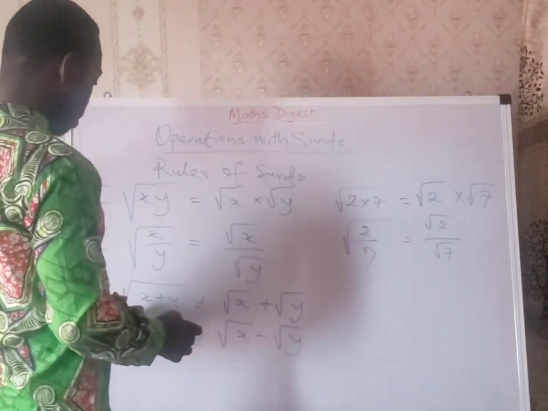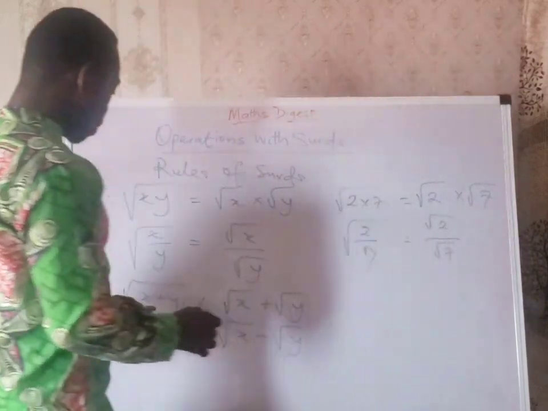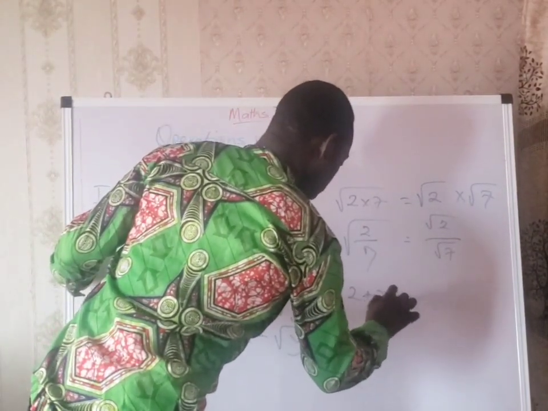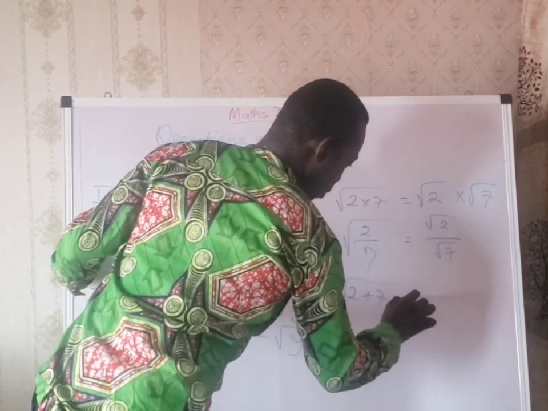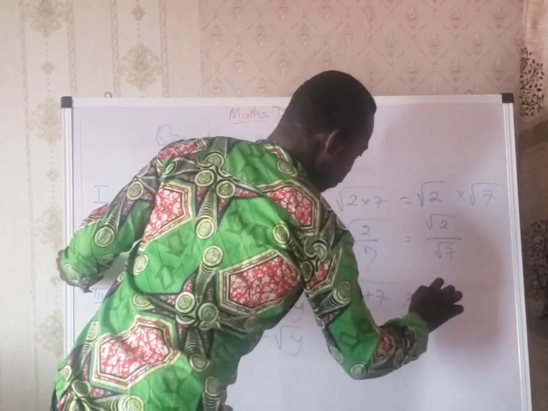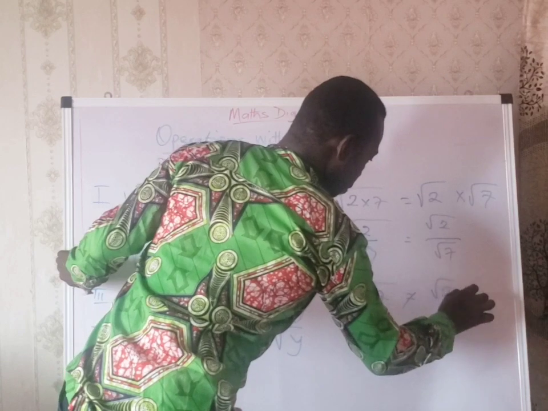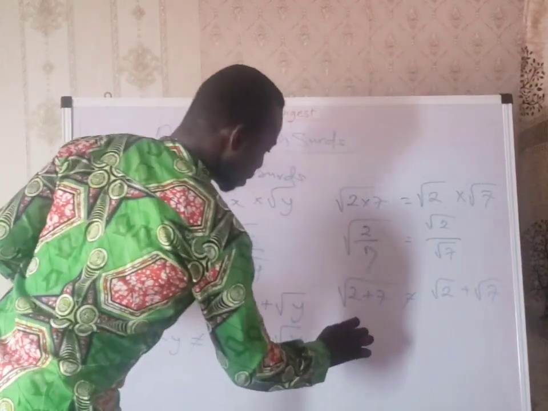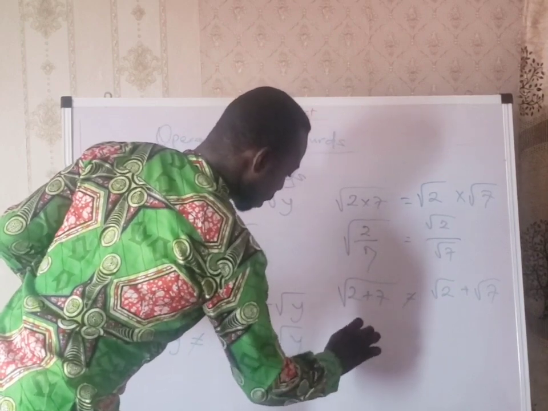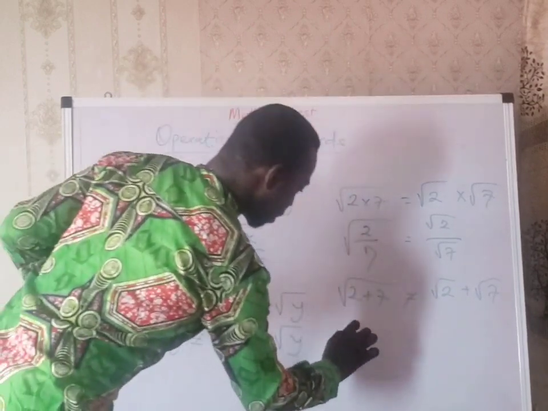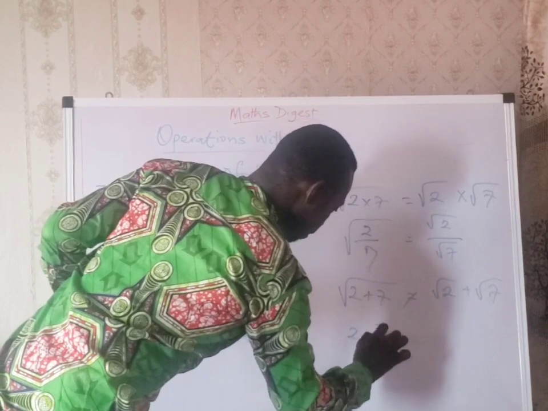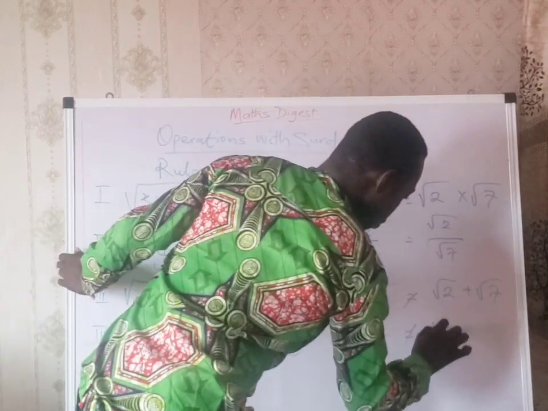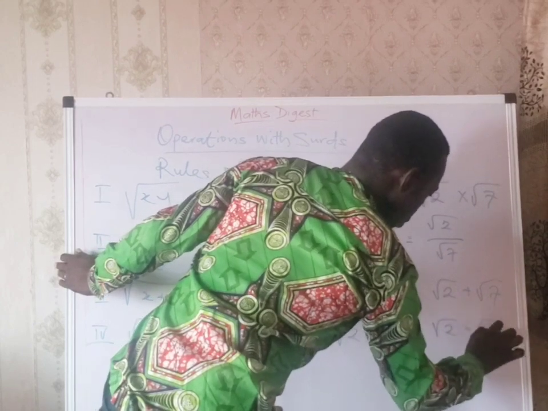Now for this, what we mean is that you cannot say that root of 2 plus 7 will give you root 2 plus root 7. And for the subtraction rule, we cannot say that root of 2 minus 7 gives us root 2 minus root 7.